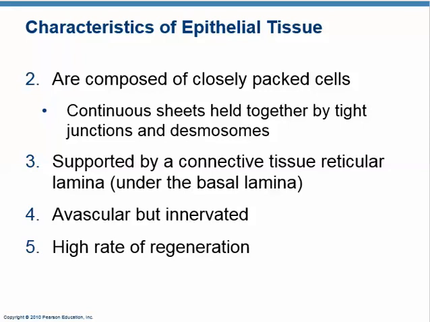Epithelial tissue is cellular in nature. It's closely packed cells, continuous sheets, and the cells are joined together with special junctions called desmosomes or tight junctions, things like that. We'll talk about those a little bit later. All epithelium is supported by connective tissue.